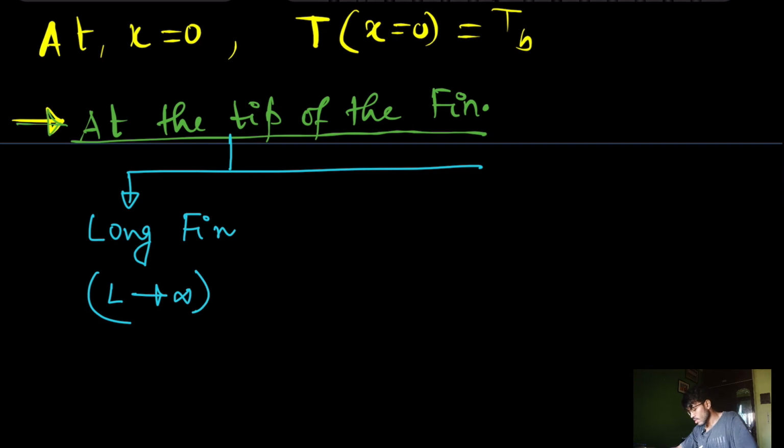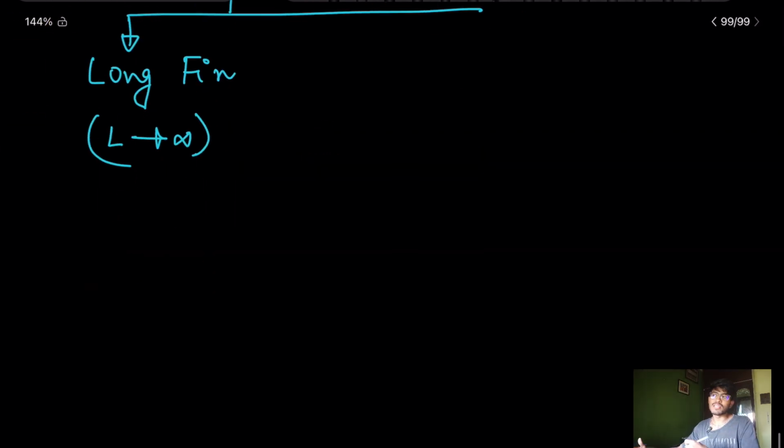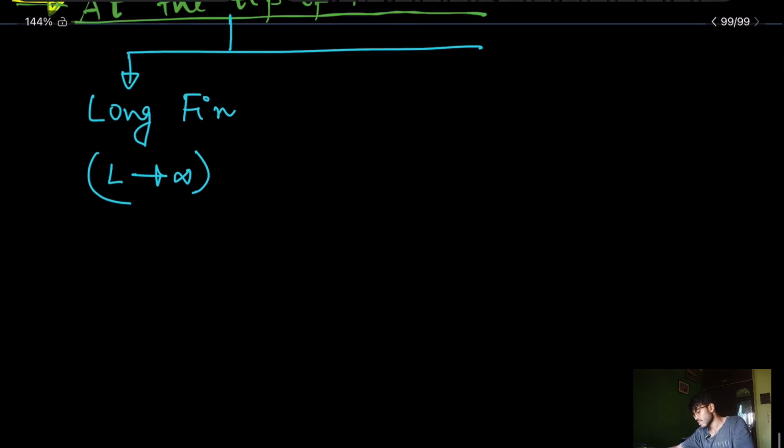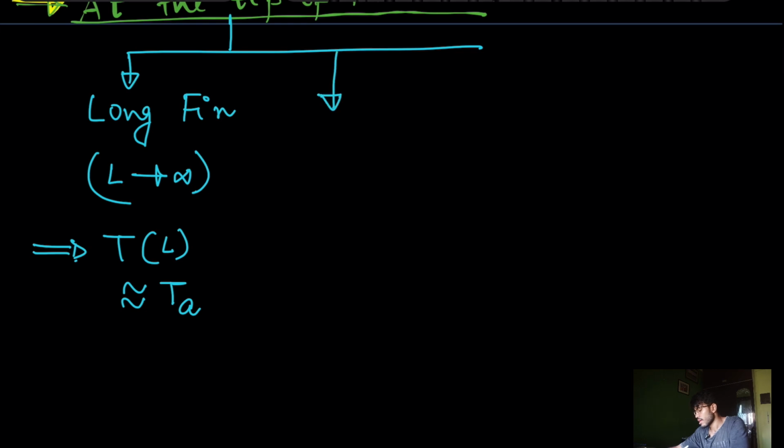Infinity, in terms of engineering, means very large compared to the other dimensions of the problem. If that is the case, then we can consider T at L to be almost equal to T ambient. This is the very long fin approximation.